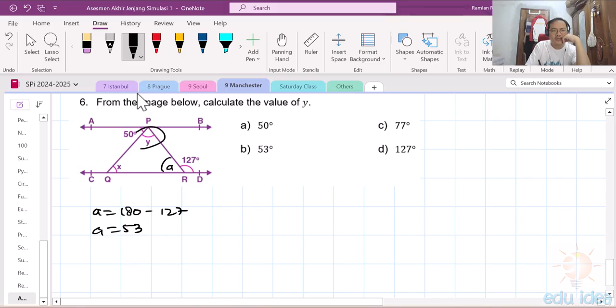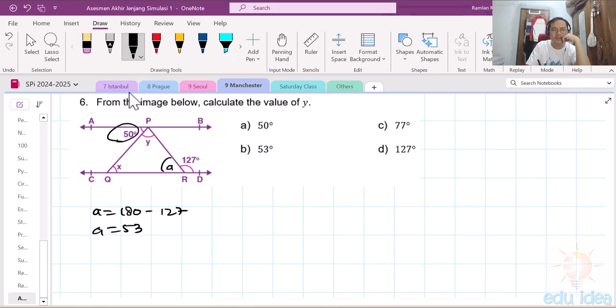Now, to find the y value, you also need to find the x value first, because here we have a triangle. Remember the concept of angles in a triangle: if you sum them up, you'll always get 180 degrees. The x value is actually this angle over here. Remember the alternate interior angles, so they are going to be the same.